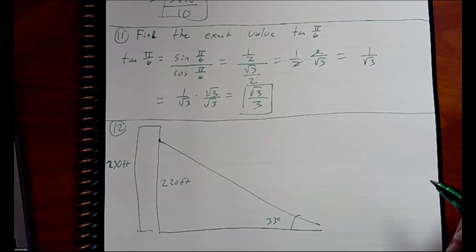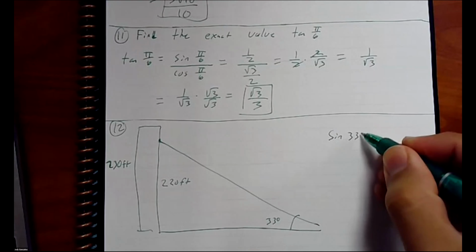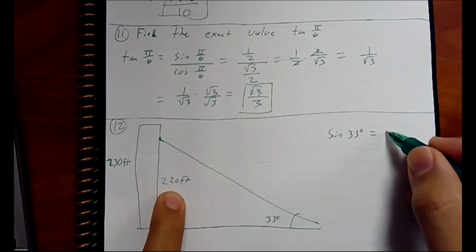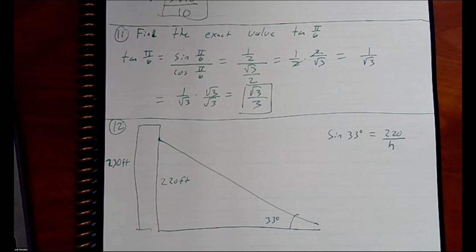Yeah, I think sine or cosecant would be best. Sine of 33 is equal to opposite over hypotenuse, which is what they want. So if I solve for h, that's it.